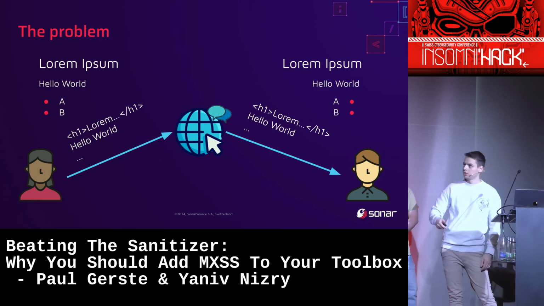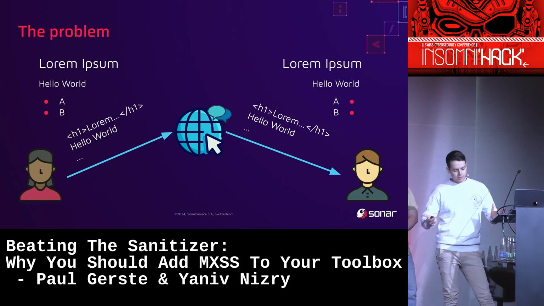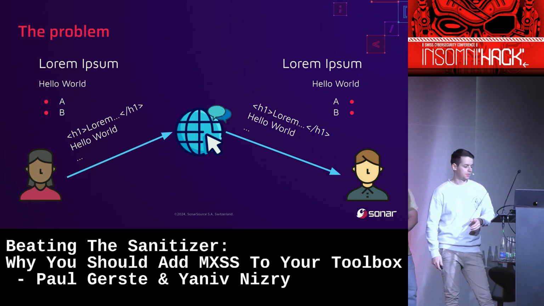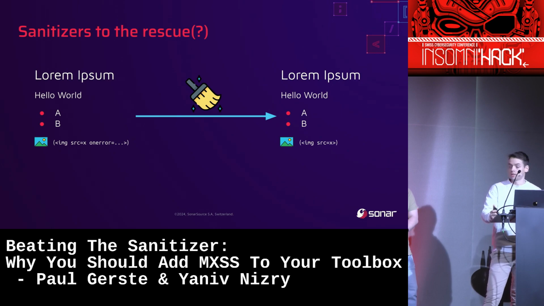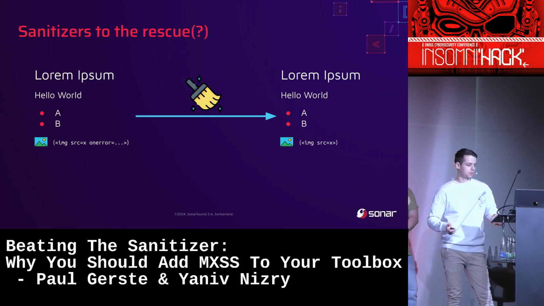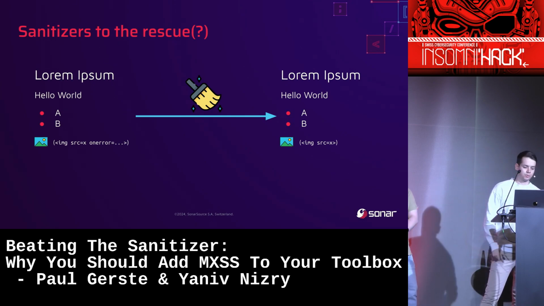We want users to have a title, bullet points, images, etc. So we need to find a way to allow some HTML elements and features, but disallow the malicious ones. The most common solution developers will initially reach for is sanitizers. Sanitizers are meant to solve exactly this issue. They take some HTML input, do some magic, and at the end have a clean HTML markup that is supposed to be safe to render.